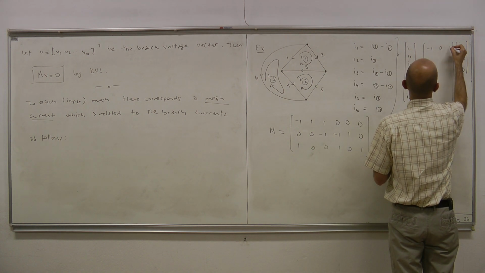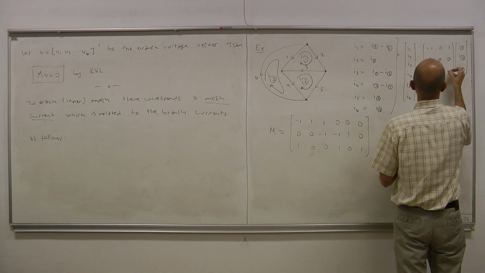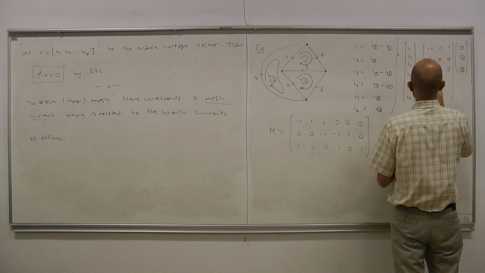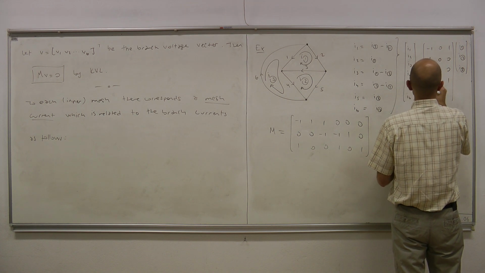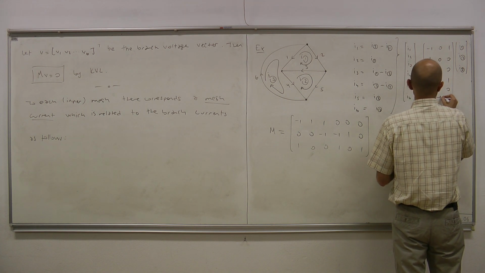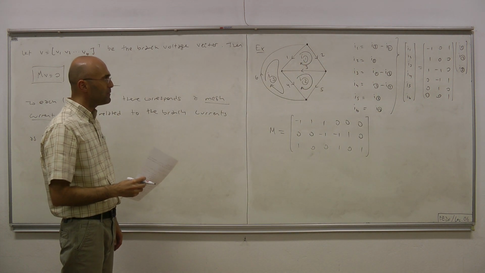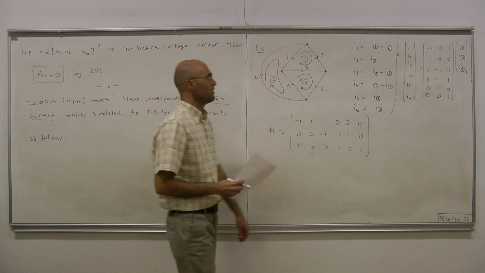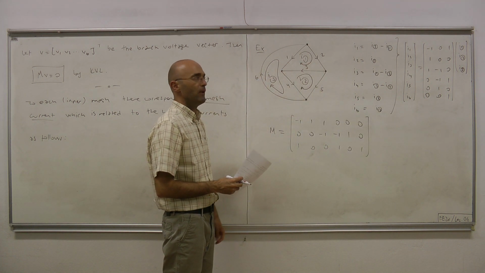Minus 1, 0, 1. Here we have 1, 0, 0. Here we have 1, minus 1, 0. Here we have 0, minus 1, 1. 0, 1, 0. 0, 0, 1. Once we write down the entries, we immediately notice that this matrix is no other than the transpose of our mesh matrix.